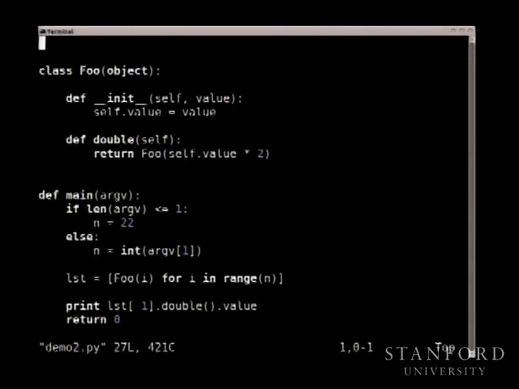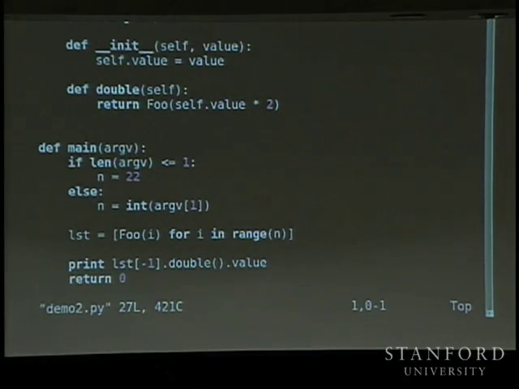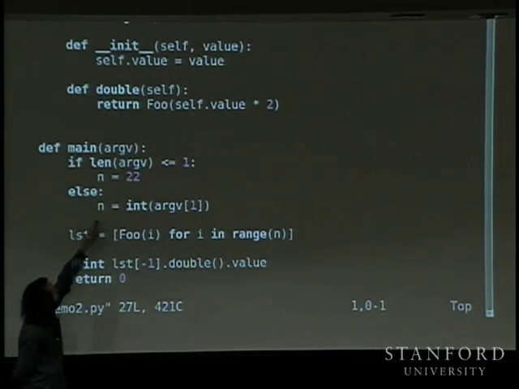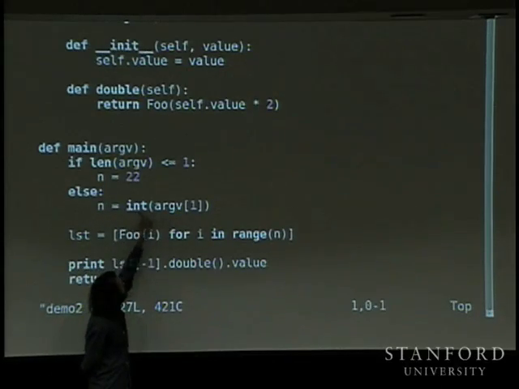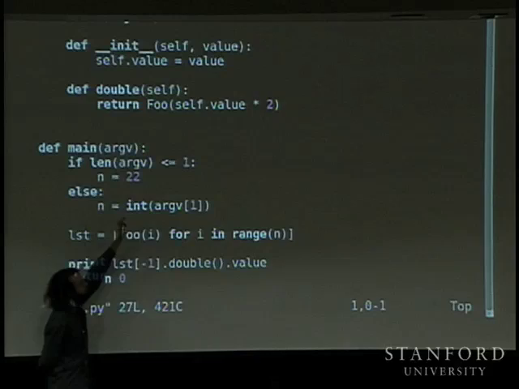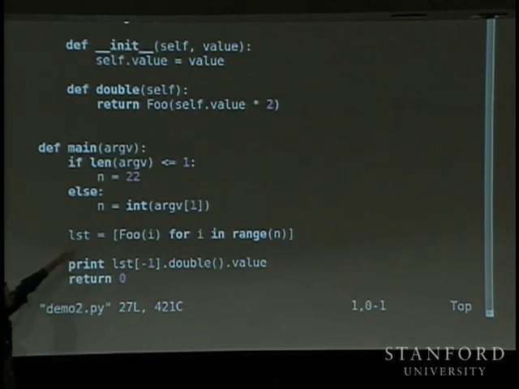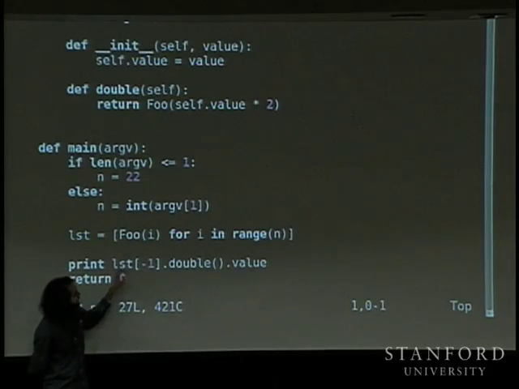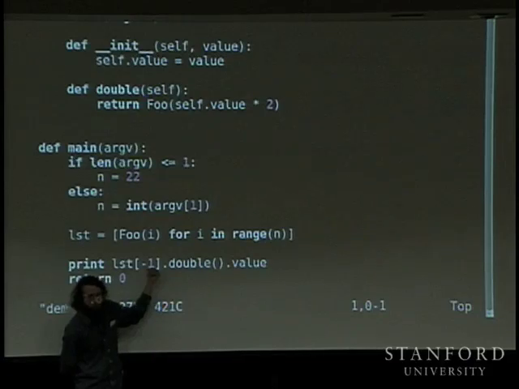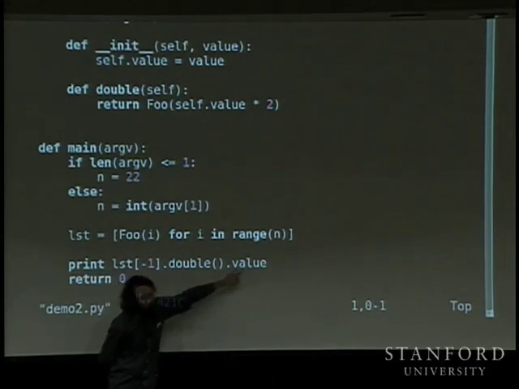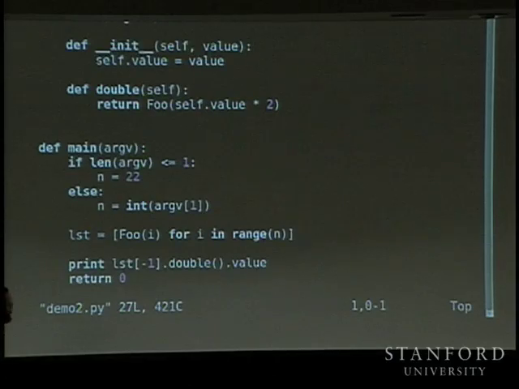Notice it looks a bit like C already, and gets a number n as the int value of the first argument, or 22 if there isn't any. It makes a list of instances of foo, and it prints the last item of the list, double value, and returns 0.